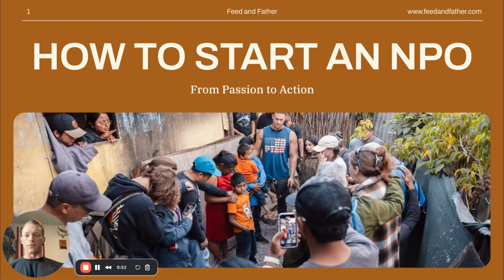This picture right here is actually a very, very special moment. I am in tears right there in the middle, praying over this family in the orange and red that we just donated their own personal two-bedroom home that has locking doors and windows and a concrete foundation. This structure to the left is what they were living in before, and it is just dirt floors.